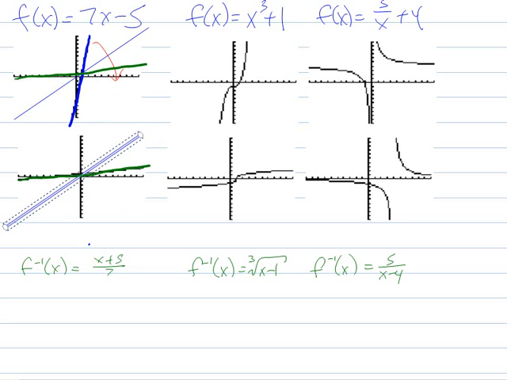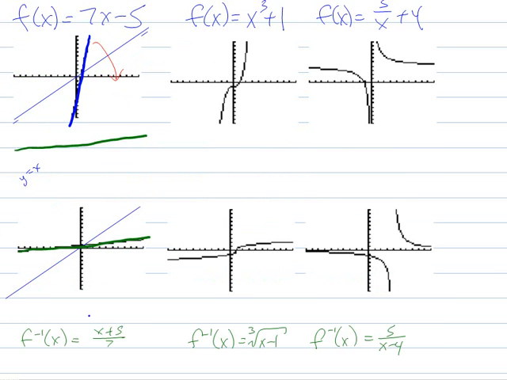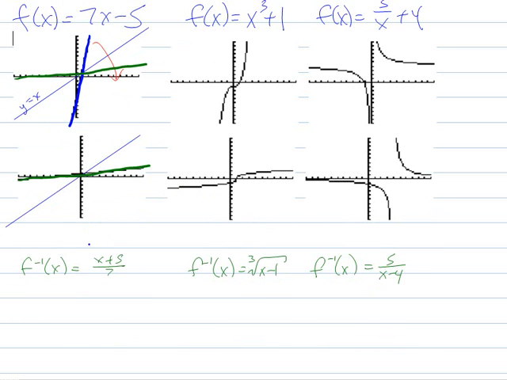Let me try again. We'll do it on this next one, see if it helps it become more clear. So this is my y equals x line. Goes right down the middle. So I have this blue line here, which is my original function.